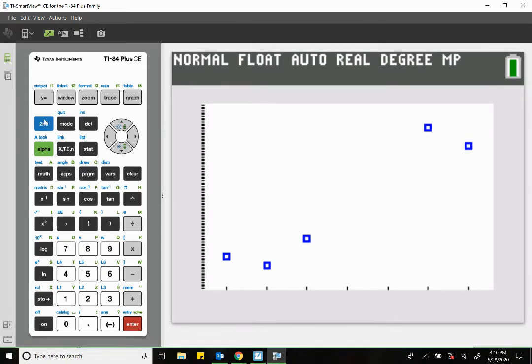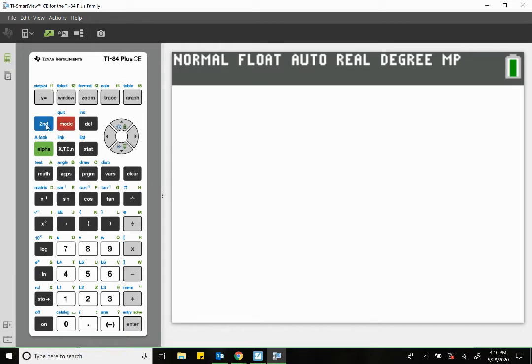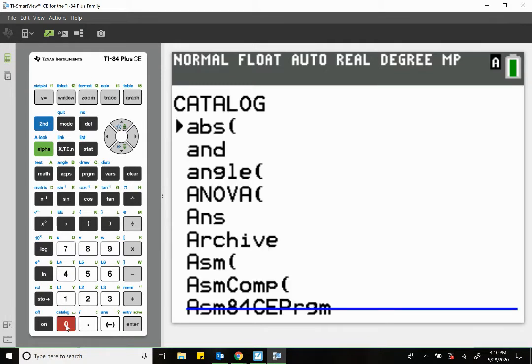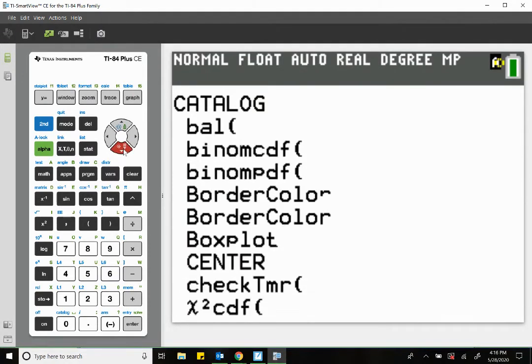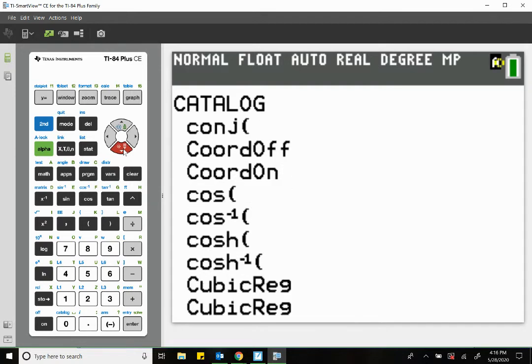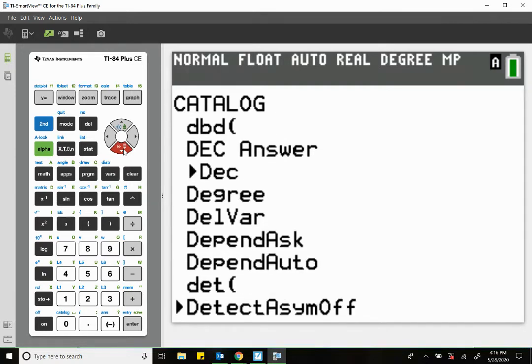Now, to get the correlation, here's what you have to do. You need to go to second and hit catalog, which is 0, because you have to make sure that diagnostic has been turned on. Scroll down to what is called diagnostic. I'll show you it here in just a second.